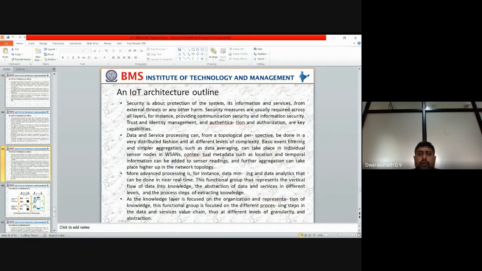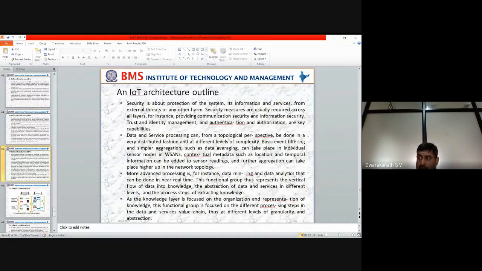Now, more advanced processing is, for instance, data mining and data analytics that can be done in near real time. Today, the world is with data mining and data analytics. A vast amount of real-time data will be there, and you have to analyze it and take out your own insights. This functional group thus represents the vertical flow of data into knowledge.